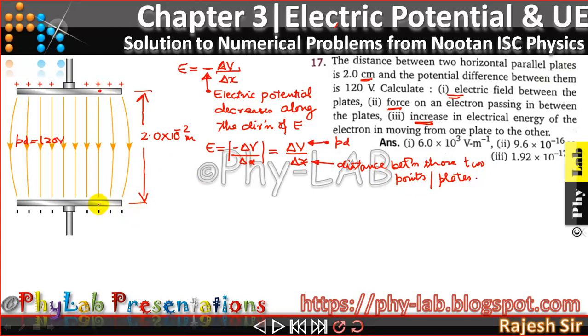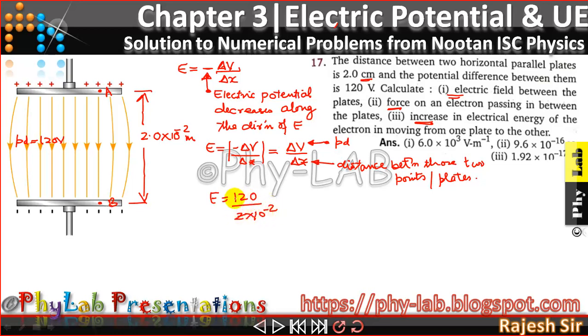Now friends, you can see over here, if I take one plate and a point over here, another plate, another point over here, let me call this point A and this point B. Since both the points are lying on the plates, they will be separated by a distance of 2 into 10 to the power of minus 2 meter, and the potential difference between them might be 120 volt. Then I can very easily find that E is equal to delta V, the potential difference between these 2 points, which is 120, divided by the distance between them, which is 2 into 10 to the power of minus 2.